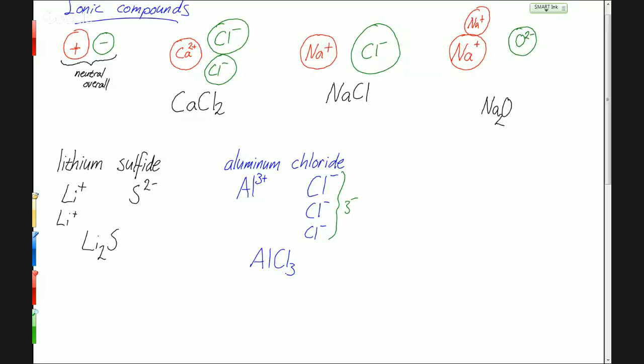All right. Let's go one more step here. We'll stick with aluminum since we just did that one. We know that one. But this time we're going to pair it with oxide. Oxide is oxygen.